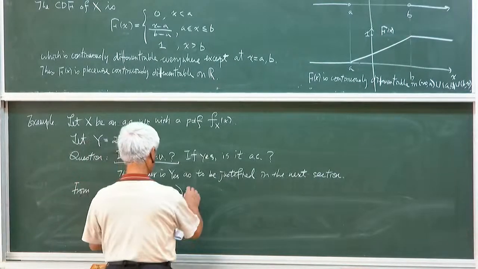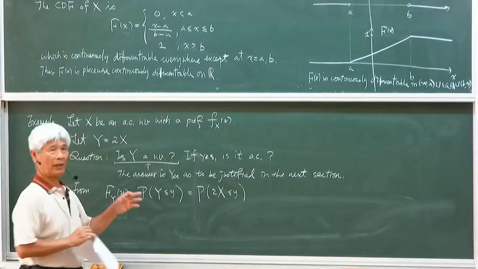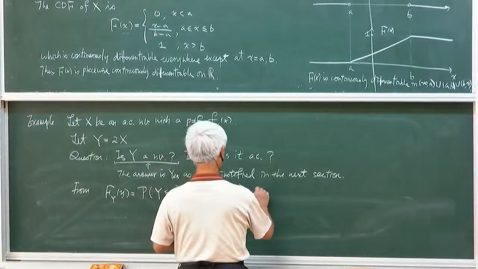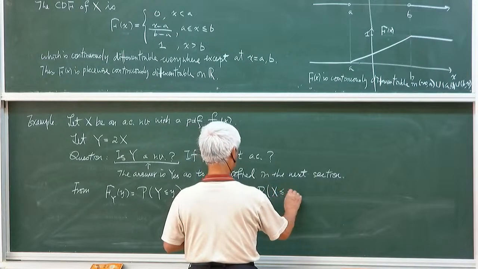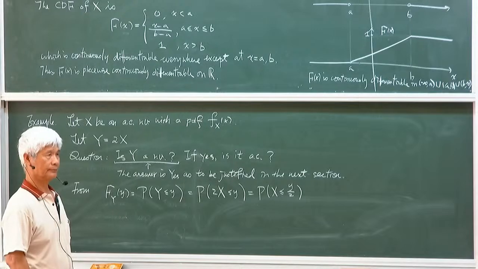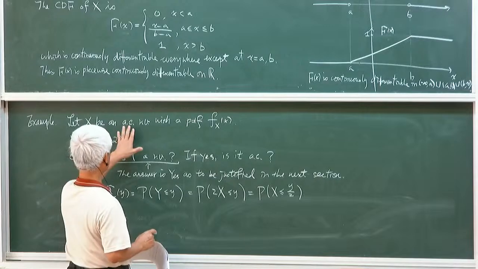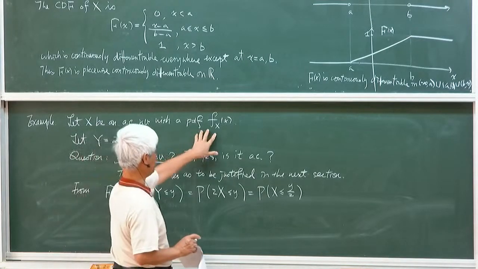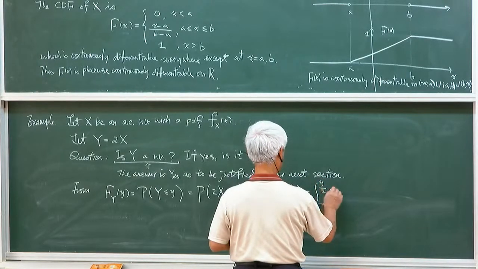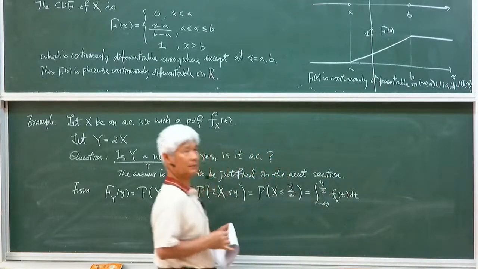But as we know, capital Y is 2 times capital X. And because capital X is an absolutely continuous random variable with a PDF, by definition this is actually this one.